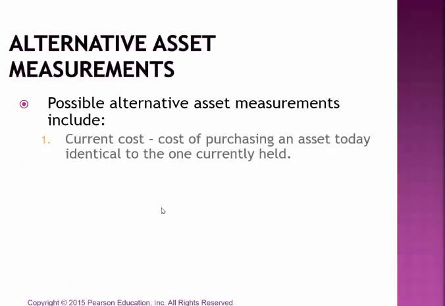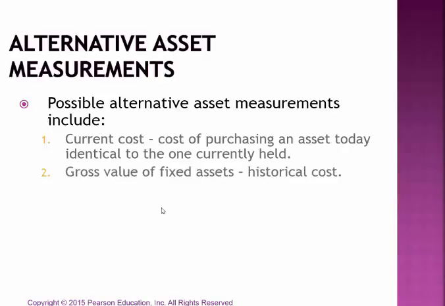Again, I've kind of mentioned this already. What asset measurement are we going to use? Are we going to use current cost, which would be what we could go out today and purchase the same asset at, one that's identical to the one that's currently held, which again would be possibly some type of market price that we could find?